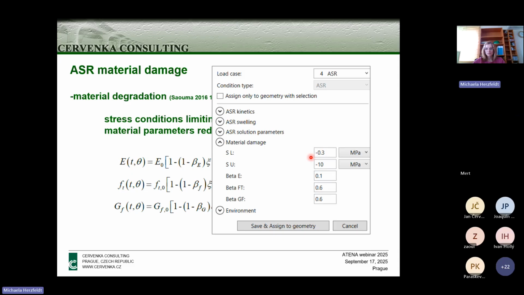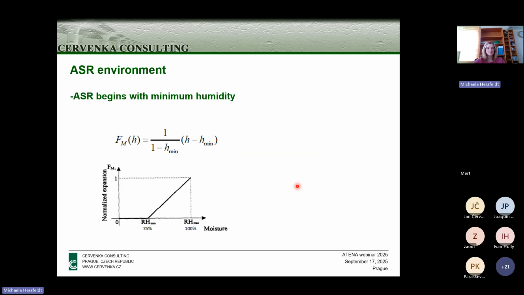So if it is somewhere in between, it has some sort of weighting factor in the strains that are caused by ASR. And if it is above this, it's completely stopped. If it is below this, then the principal stresses don't have any effect on the ASR strains.